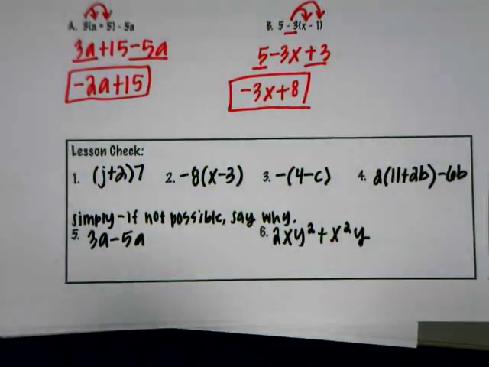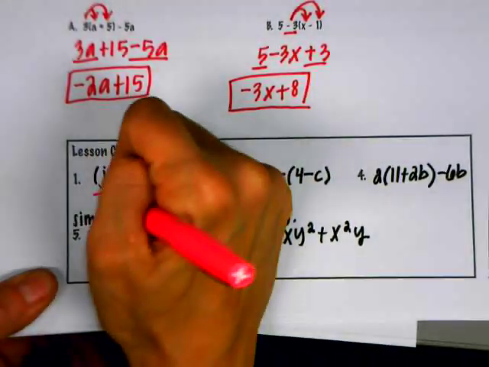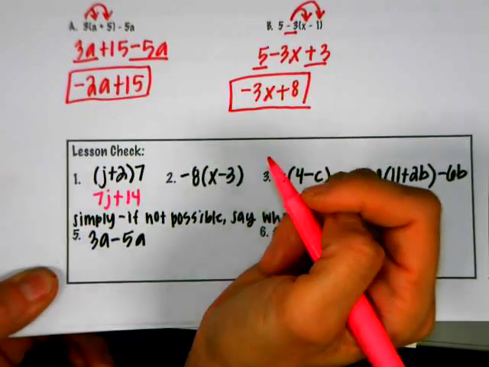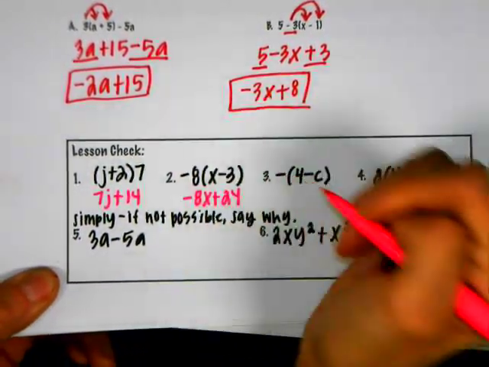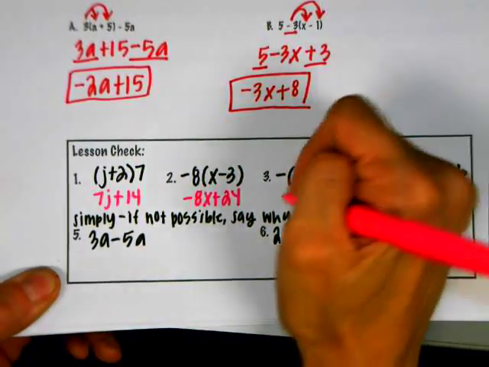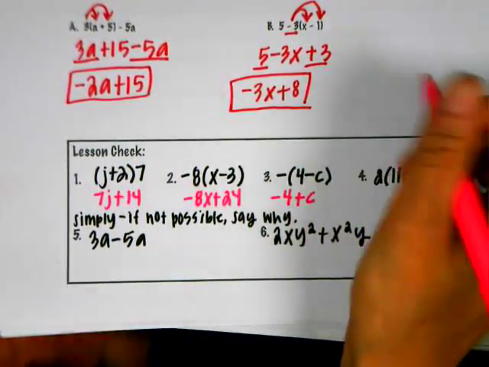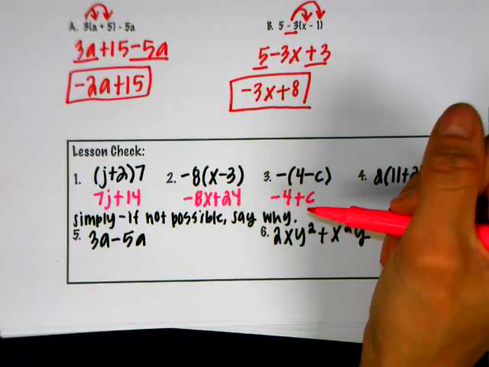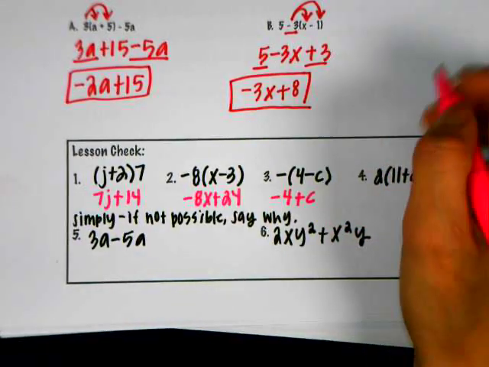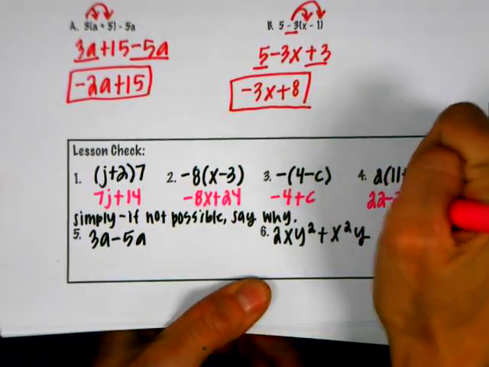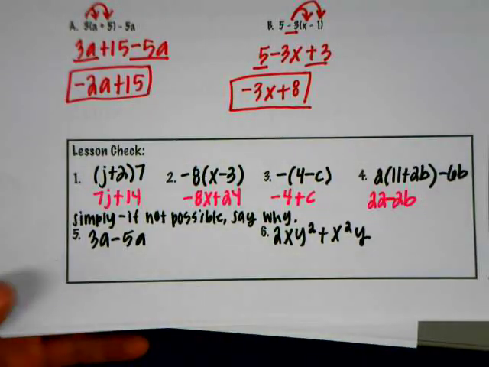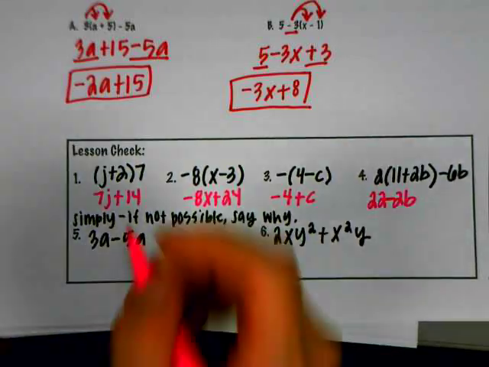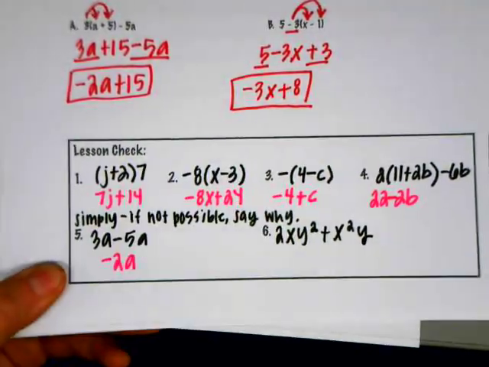All right, number 1 is 7j plus 14. 2 is -8x plus 24. 3 is -4 plus c, or you could have done c minus 4 if you put it in the other order. Then 22 minus 2b, or -2b plus 22. 5 is negative 2a.